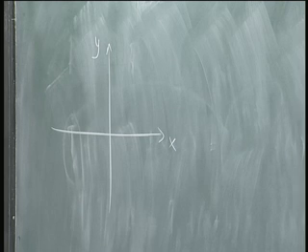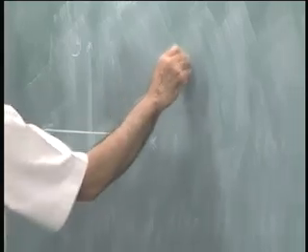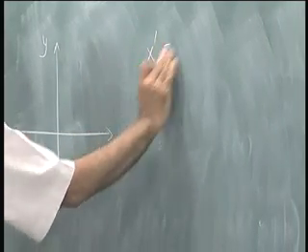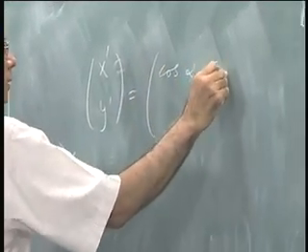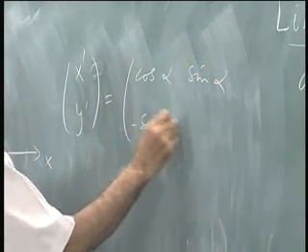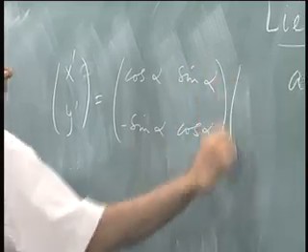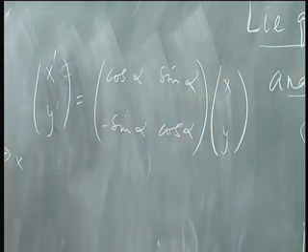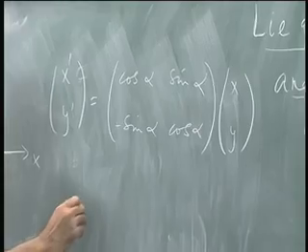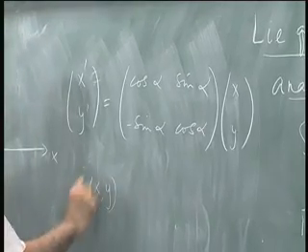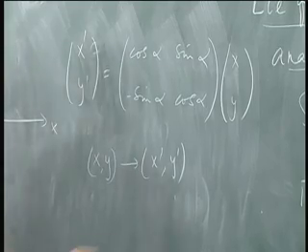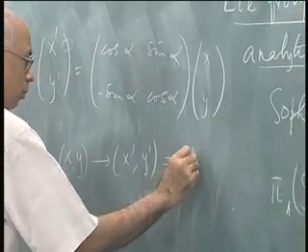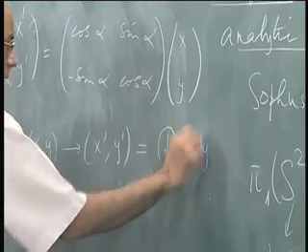So from x and y I am going to go to new coordinate axes x prime y prime by the usual rule, which is (x prime, y prime) equal to the matrix cos alpha, sin alpha, minus sin alpha, cos alpha acting on (x, y). Okay. So what I have done is to go from xy to x prime y prime through a rotation. This is equal to some rotation acting on xy.